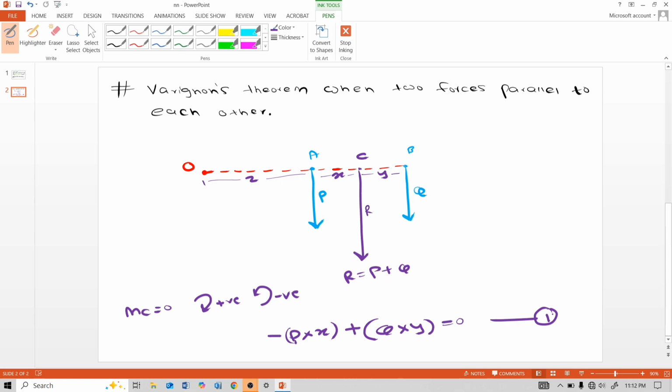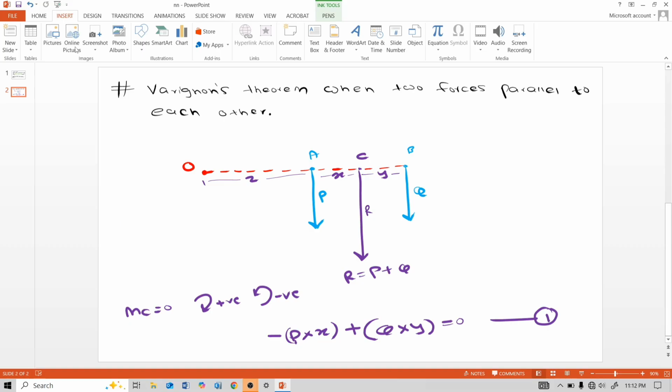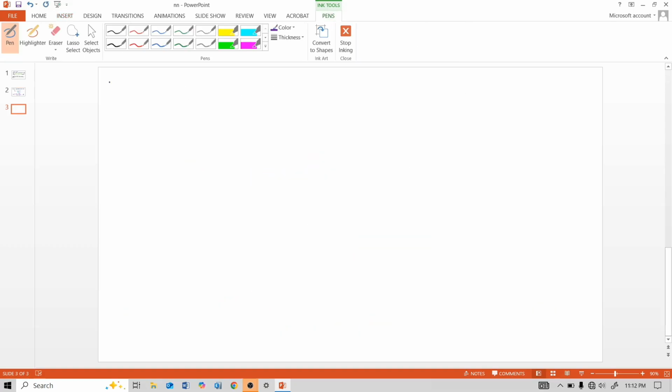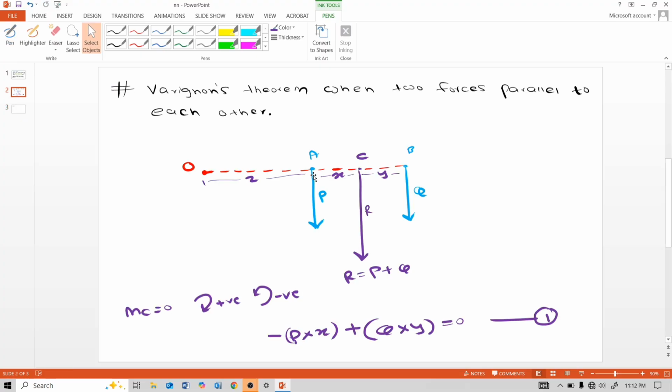Now next, take moment at this O point. Moment at O point is equal to 0. This P force is making a clockwise rotation about that O point, so clockwise means positive.